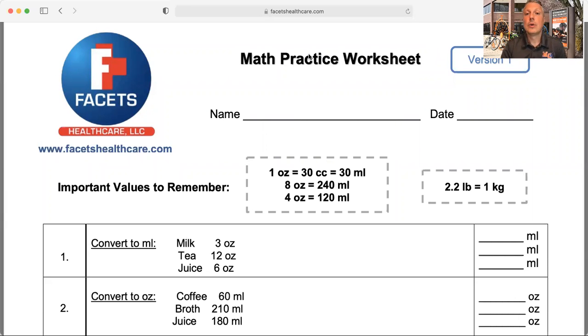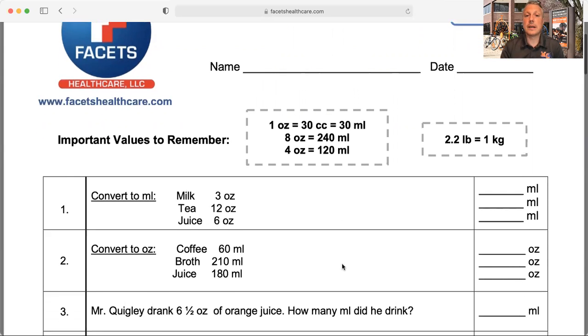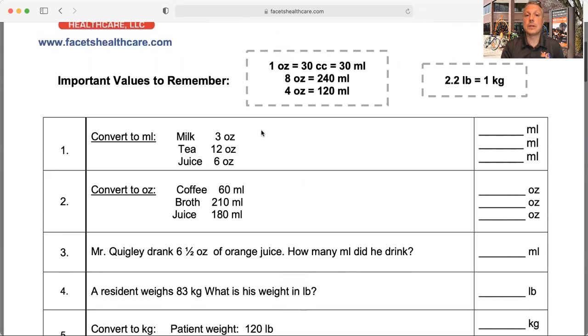I have a little worksheet here to guide you through, and we're going to start this worksheet with our very important conversions. As you can see, those top three conversions are our main conversions.